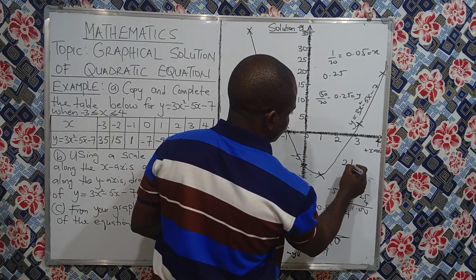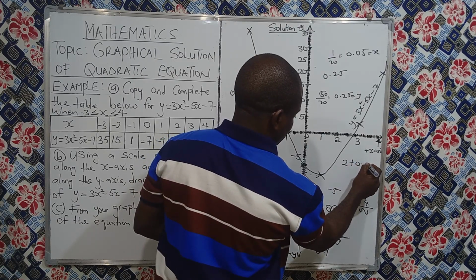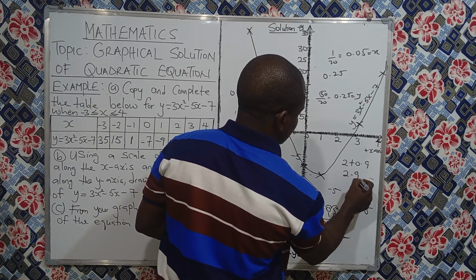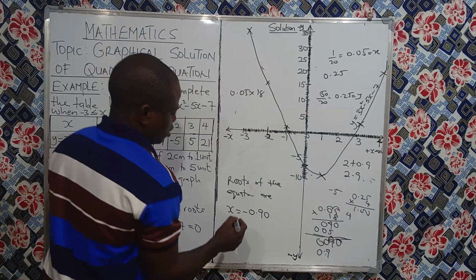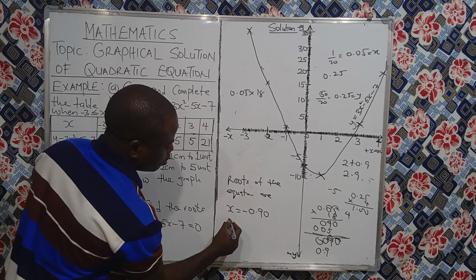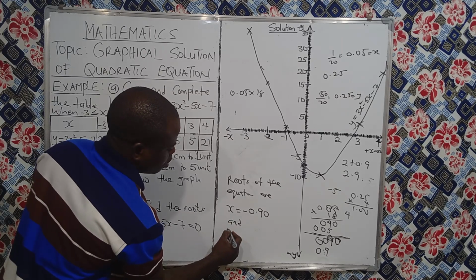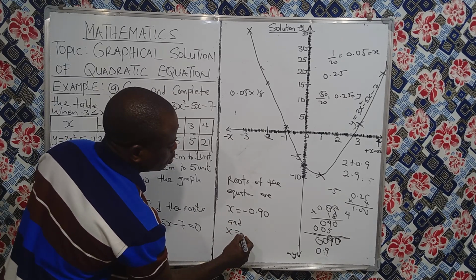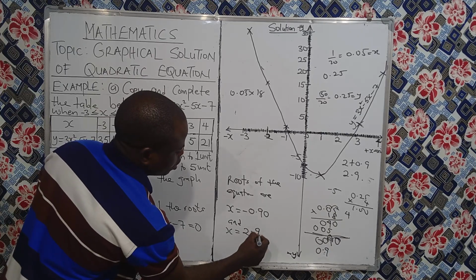That's 2 plus 0.9, that's 2.9. Now the roots of the equation are x equals minus 0.90 and x equals 2.90.